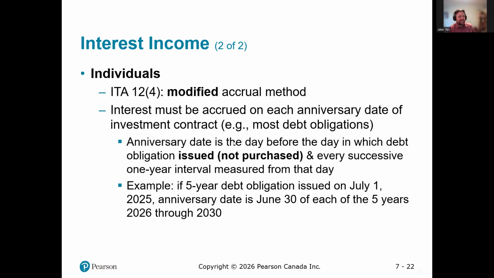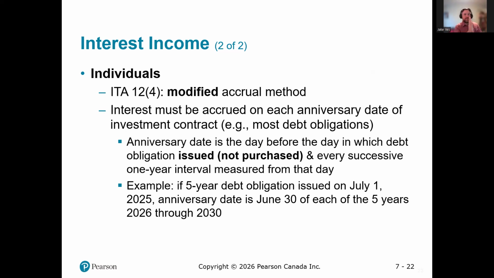That statement of the day before the day: if I give the loan on July 1st, then the anniversary date is June 30th, right? From July 1st to June 30th, that's 1 full year. They say the anniversary date is the day before because whichever day the loan started, the anniversary date would be the end of the year, the day before.